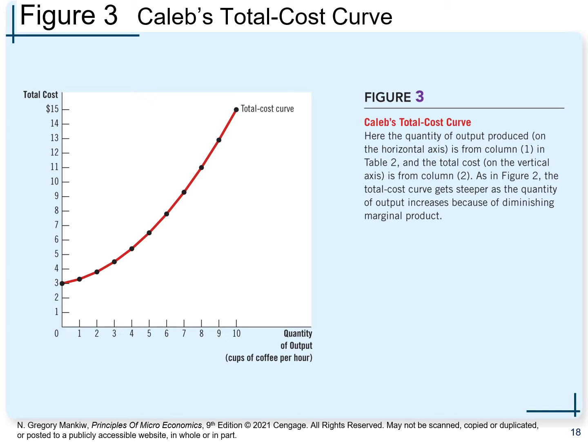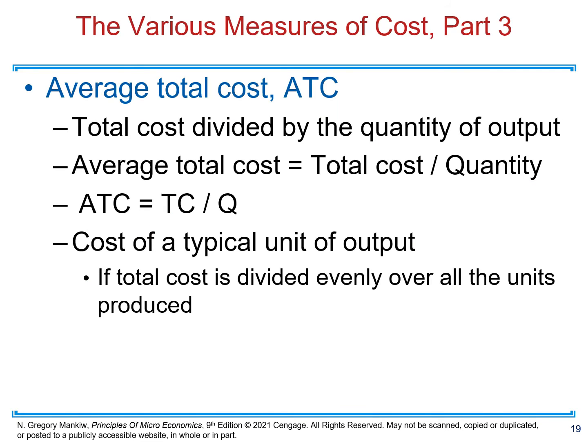Let's go to the next one here. Average total cost, ATC, how do we calculate it? We just divide total cost by quantity produced. It's the cost of a typical unit of output.